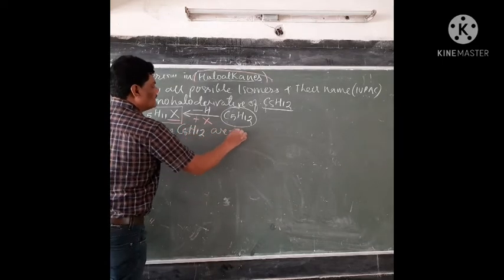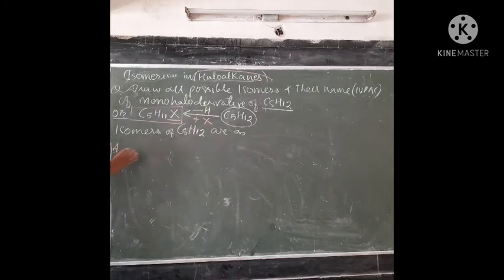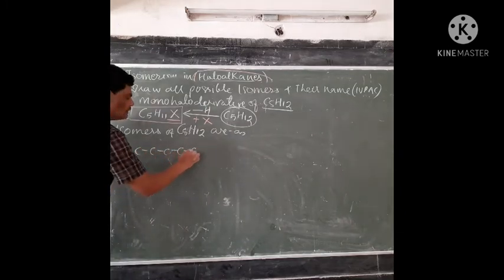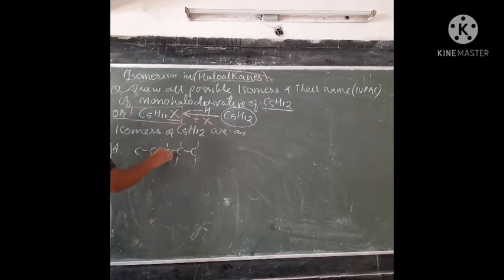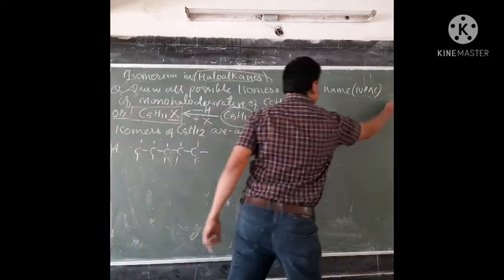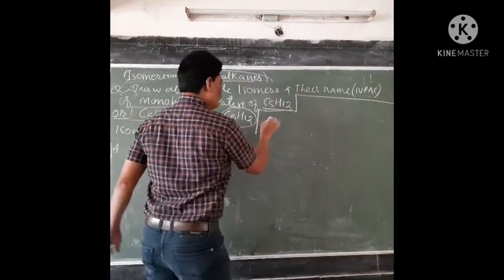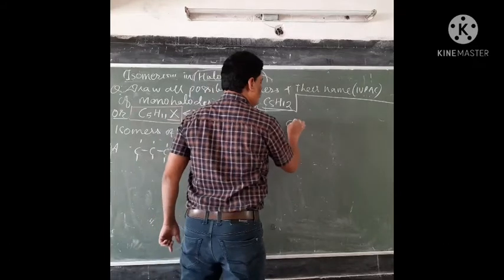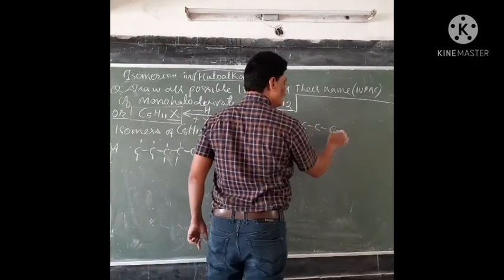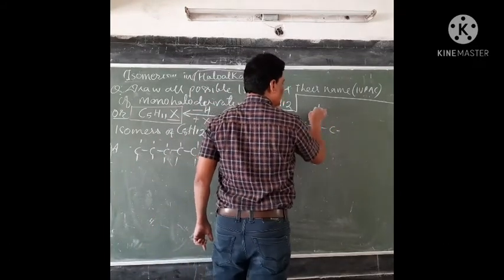The isomers of C5H12 are: number A, normal pentane. Number B is 1, 2, 3, 4 with a CH3 branch.